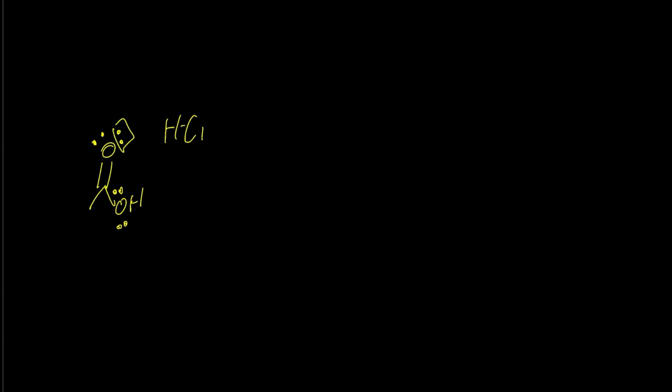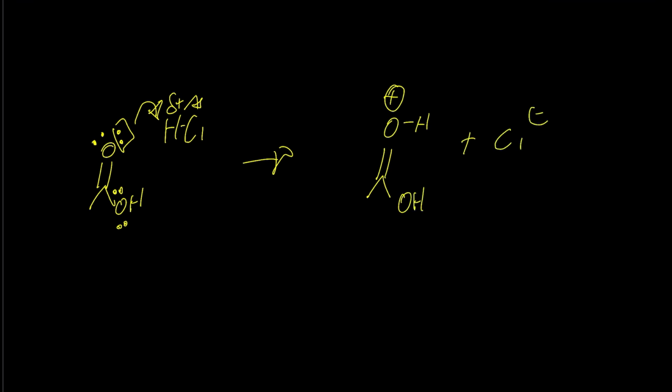This lone pair can form a bond with this partially positive hydrogen. Hydrogen will send its bond back to the chlorine, and we will get this intermediate, with a positive carbonyl oxygen and this chlorine.